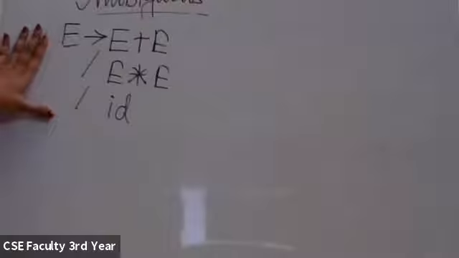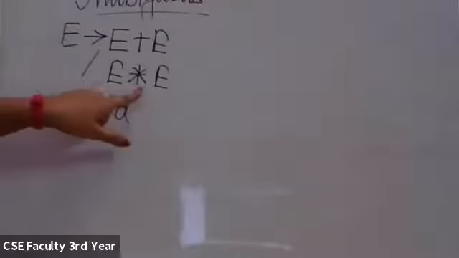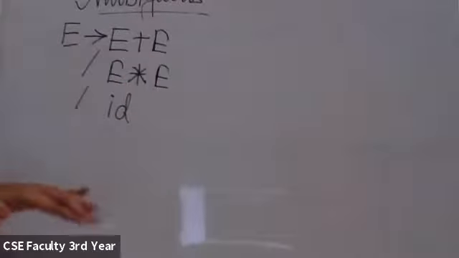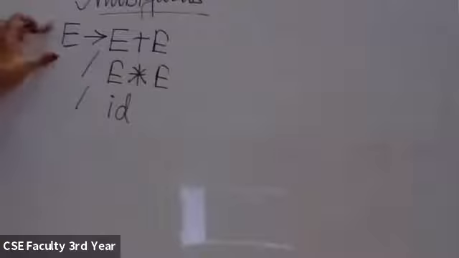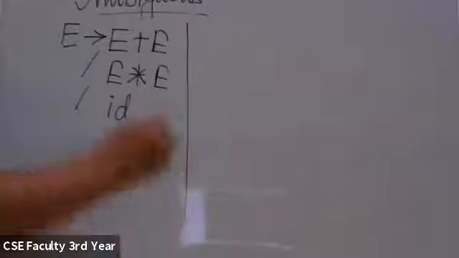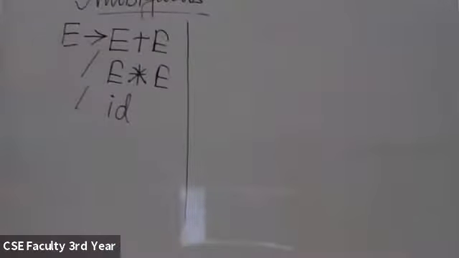So we have to write the grammar in such a way that this and this are written in different levels. For that, we have to use extra variables in the left-hand side. Let us see how we can do it. Just see how we modify this grammar so that precedence as well as associativity is taken care of.